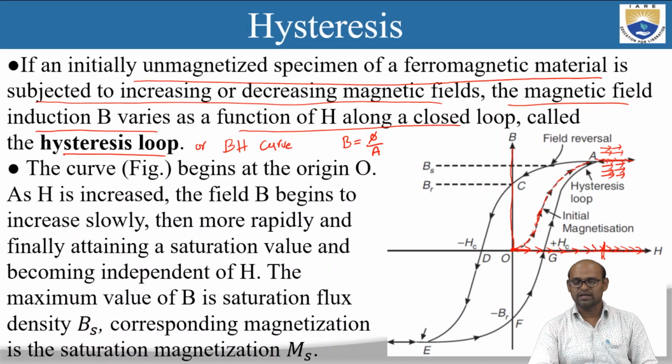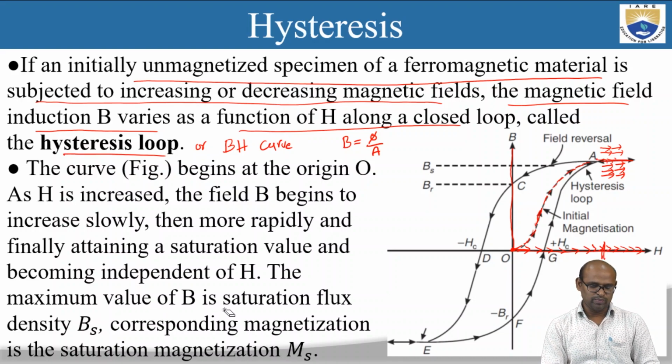That is the reason you get saturation at this point. All the spins of electrons are aligned in the direction of the applied field, which is why there is a saturation in the magnetization, and why the magnetic field induction becomes independent of the applied field above a certain value.